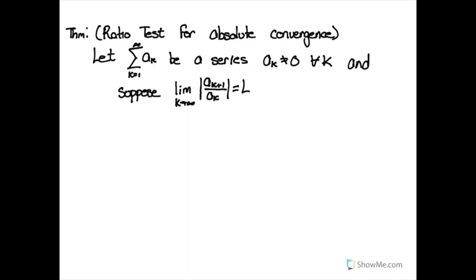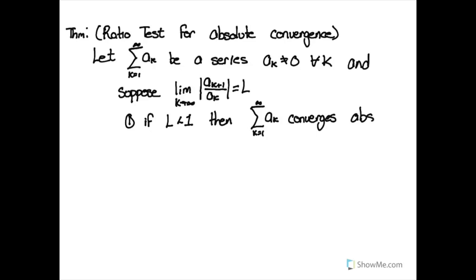So what the ratio test tells us is, one, if the value L is strictly less than 1, then the series converges absolutely. So then the sum of a_k converges absolutely, or is absolutely convergent.